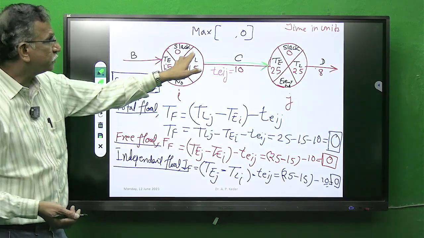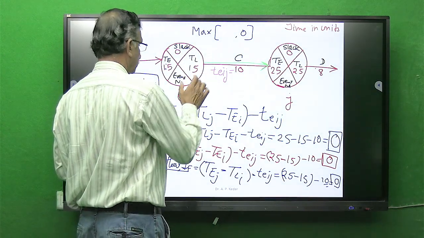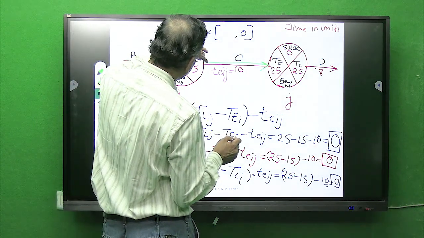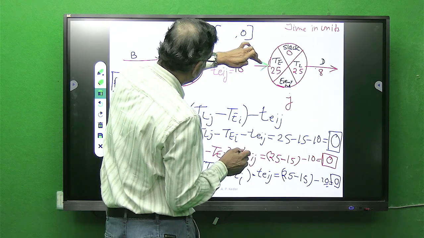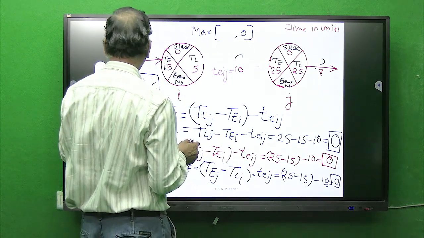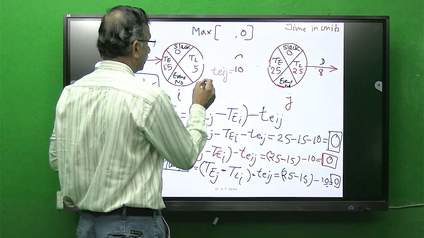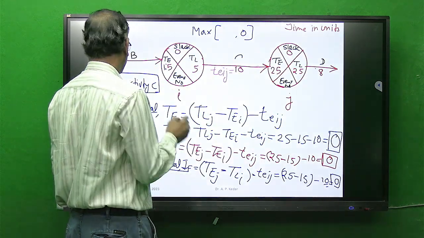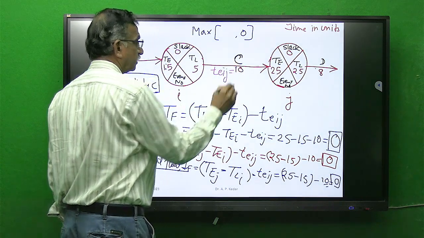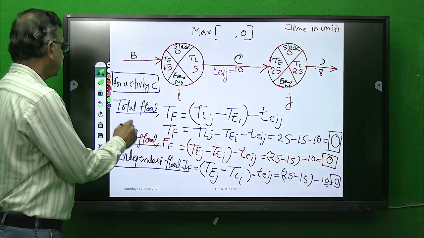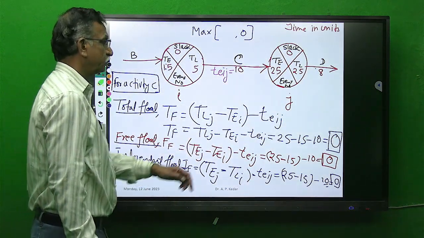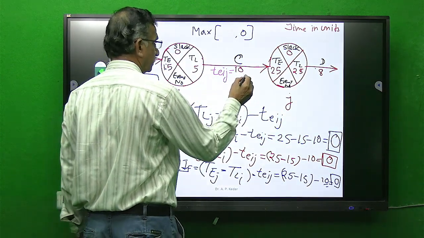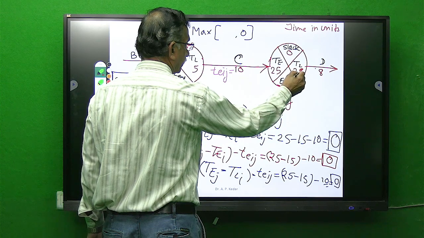Now suppose this activity is not a critical activity. Which is this activity? C. If this is not a critical activity, it means I have to change one value. So I will change that value over here. Suppose that value is 28.